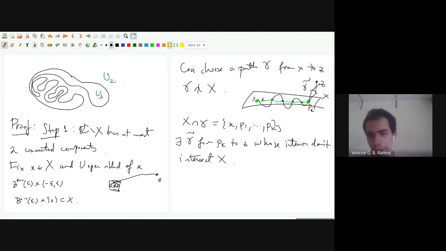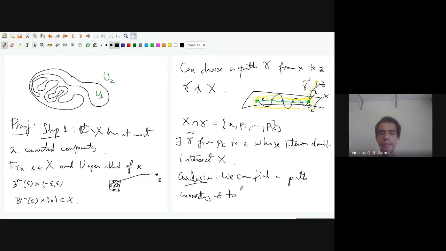Now you look at a neighborhood of this path, and you can concatenate the path gamma tilde within this little neighborhood to attain the chosen neighborhood U of X. So the conclusion is that we can find a path connecting Z to U minus X, this open neighborhood of X, without intersecting X.